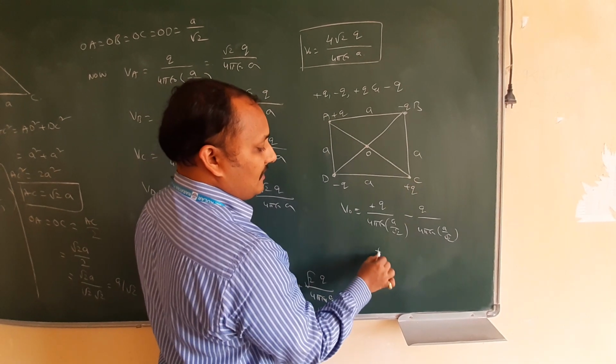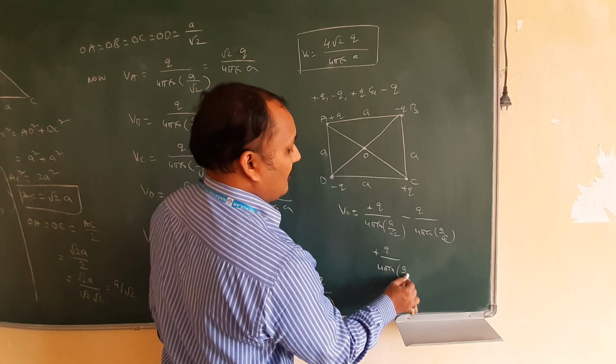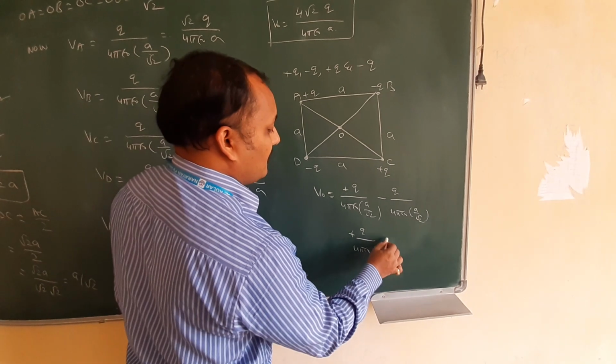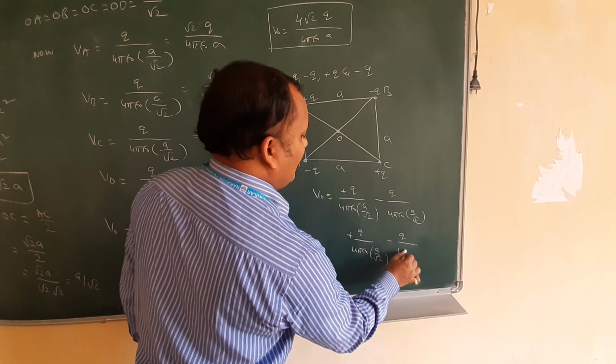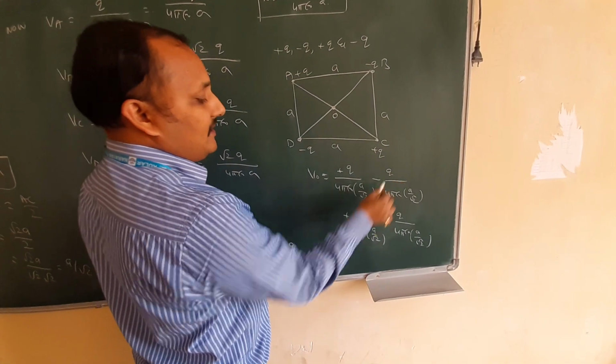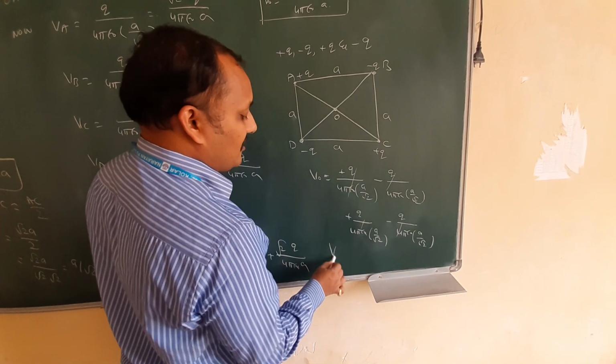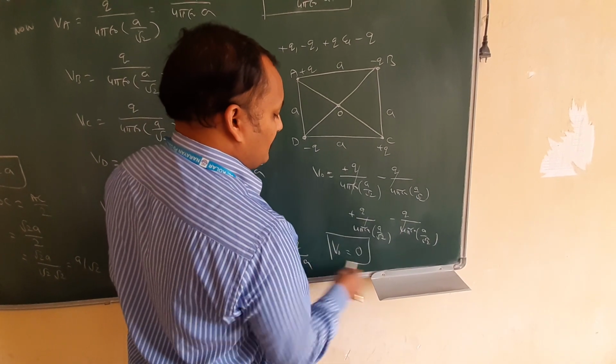Due to this one, plus Q by 4 pi epsilon naught A by root 2. Minus Q by 4 pi epsilon naught A by root 2. See here. Plus and minus, all are equal and opposite, therefore these will be cancelled. Therefore the resultant potential at center is 0.